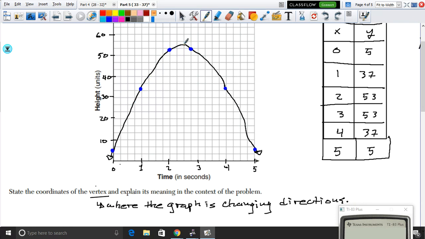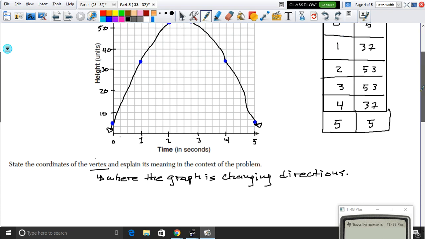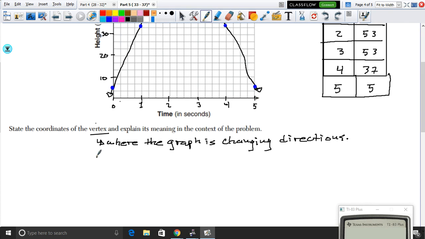Then somewhere around here, the graph is going to start decreasing, decreasing, decreasing. And that point over here is changing directions, because it's going up, then it hits a point, and it starts going down. That point is called the vertex. And most of the time, it's either where your min or max is, either your highest or lowest value.